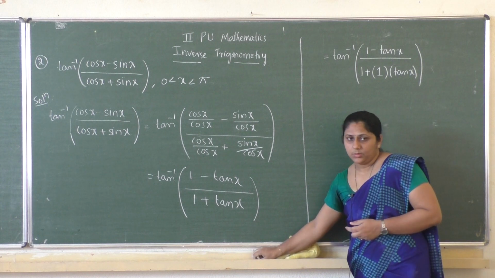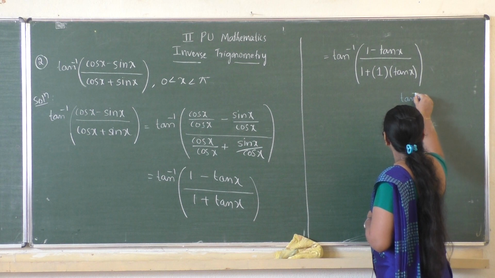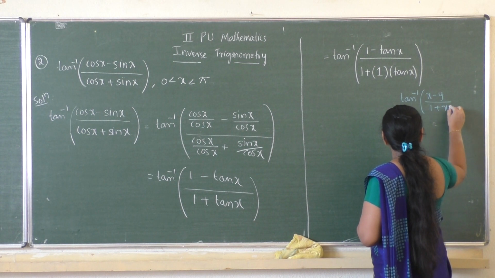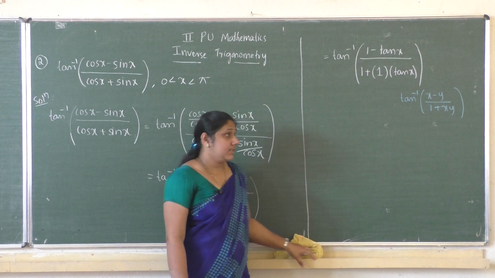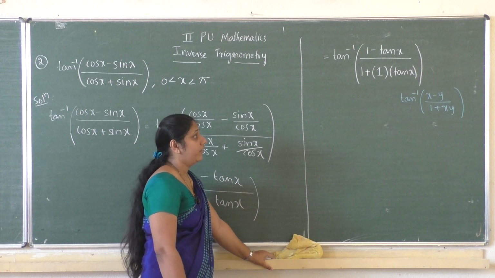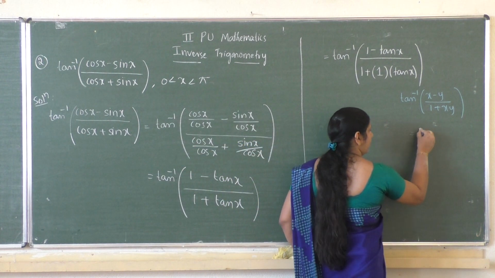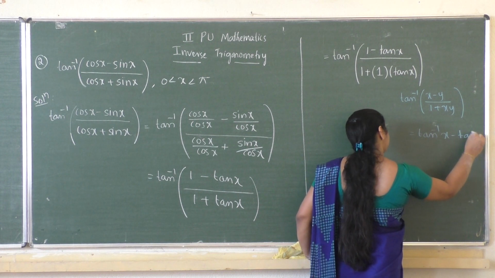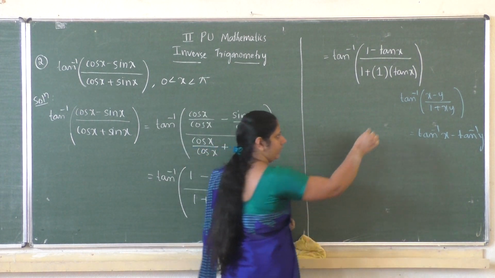Now this term looks like tan inverse of (x minus y) by (1 plus xy). See the term, is it the same? Tan inverse of (x minus y) by (1 plus xy). What is this formula? It is tan inverse x minus tan inverse y.